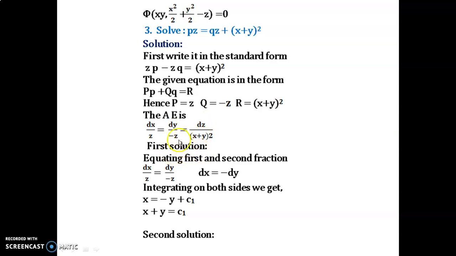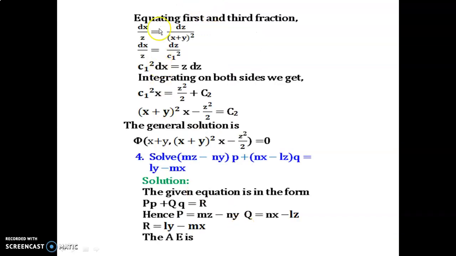First solution: equating these first two fractions, we get dx by z, this z will get cancelled, so dx equal to minus dy. Integrating, we get the first solution C1 equal to x plus y. Now to get the second solution, we cannot cancel from the first and last fraction or the second and last fraction.